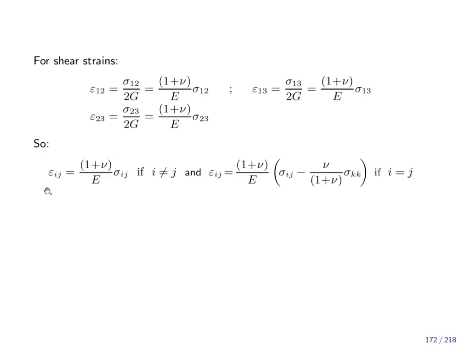So the relation here is actually simpler. For i not equals j, it's a simple 1-to-1 relation. Okay, so the 1-to-1 relation I can put in the first place. The second one for shear stresses is not like for normal stresses. So here I still have to do something.